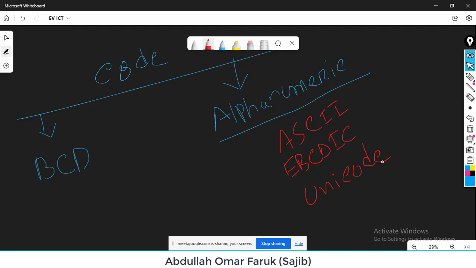Why are they called alphanumeric? Because ASCII includes English letters, and different kinds of symbols and key symbols. EBCD is also the same; it also includes English and different kinds of symbols. But Unicode is quite different here.